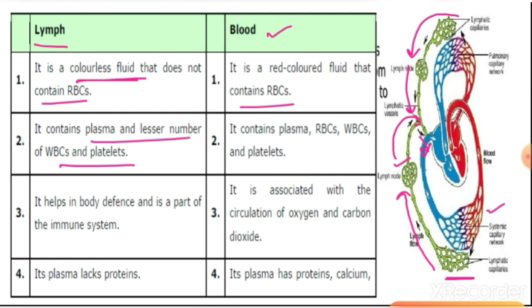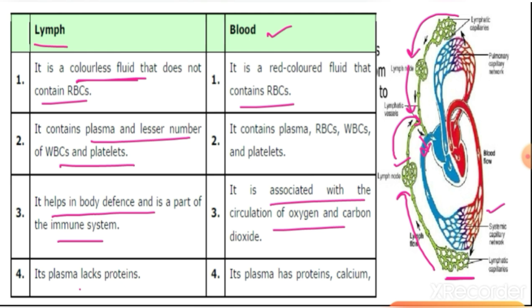Lymph helps in body defense because it kills all the harmful bacteria and germs. That is why it helps in the body defense mechanism, and it provides an immune system to our body. Blood is associated with the circulation of oxygen and carbon dioxide. This is the main function of blood, to provide all the necessary material to the organs.